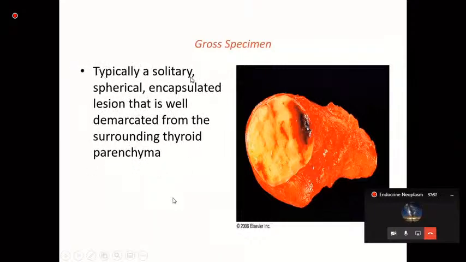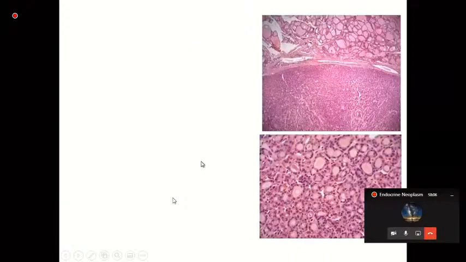This is typically a solitary, spherical, encapsulated nodule, well demarcated from the surrounding thyroid parenchyma. This is histology. Histology is different from cytology. In cytology we can see only the cells, but in histology we can see all the tissue of the thyroid.